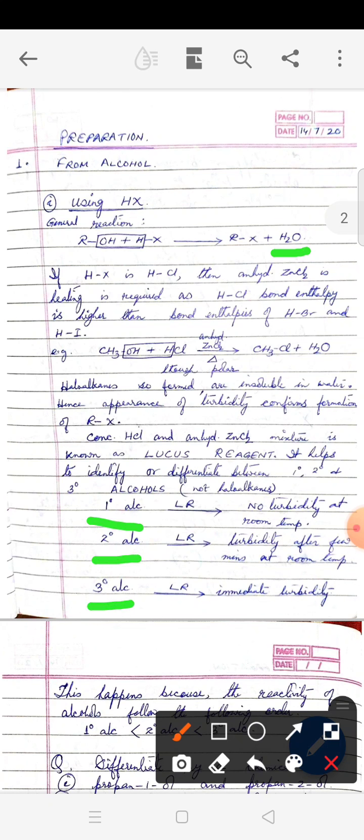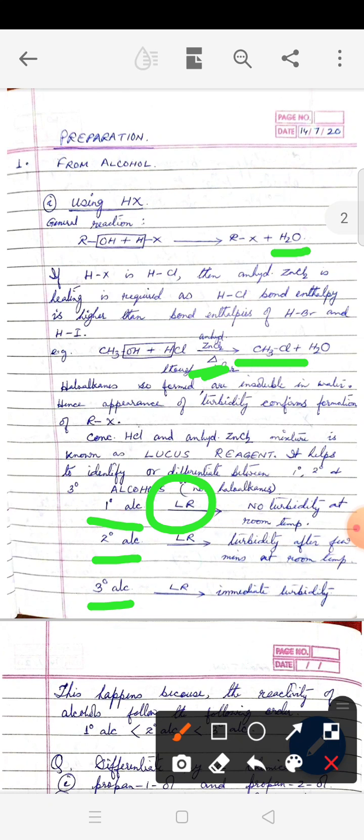Now, what is the difference in the behavior of Lucas reagent? If you take primary alcohol and add Lucas reagent and don't heat it, then there will be no turbidity at room temperature. That indicates that there will be no formation of haloalkane. That means no reaction has occurred.